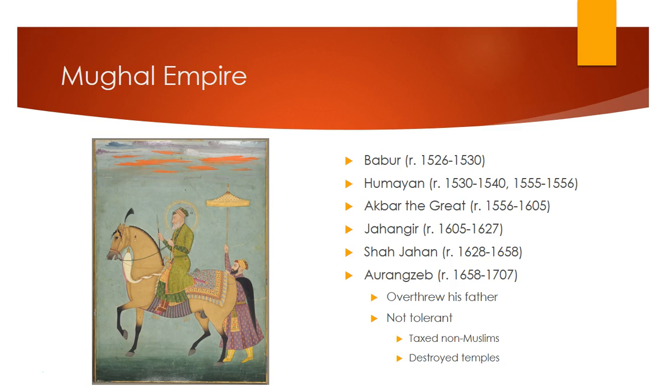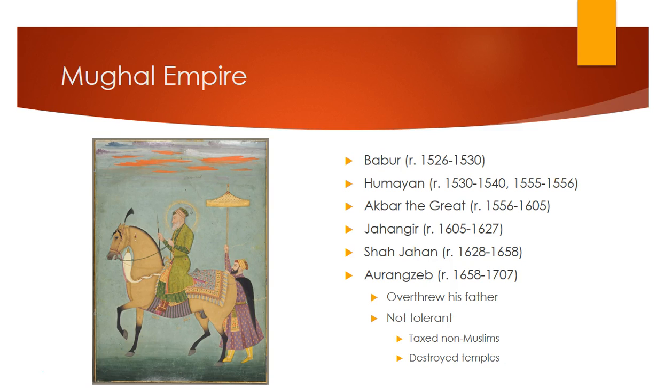Shah Jahan and his heir, one of his older sons, were actually overthrown by one of Shah Jahan's younger sons, Aurangzeb. And Aurangzeb was not tolerant at all. Not tolerant like Akbar and Jahangir, and he wasn't even tolerant when compared to Shah Jahan. He imposed new taxes on non-Muslims in the empire.